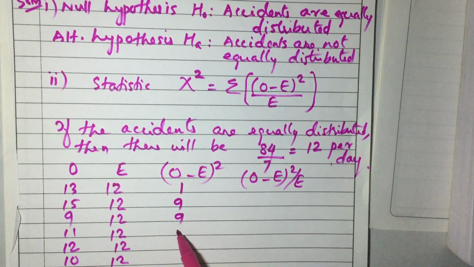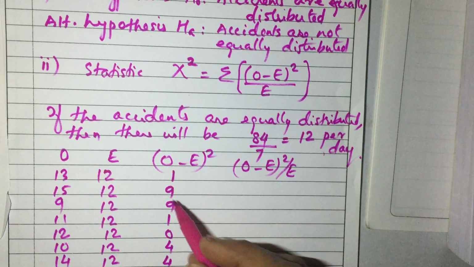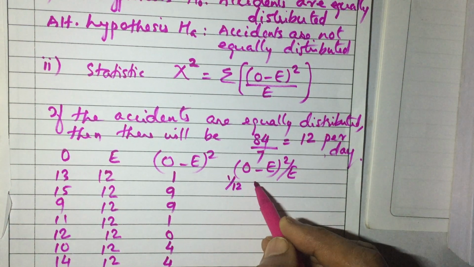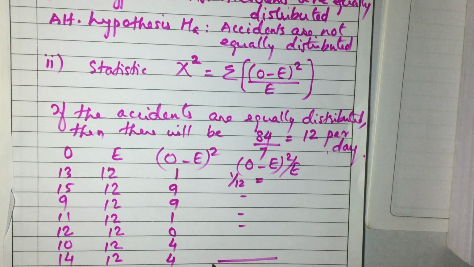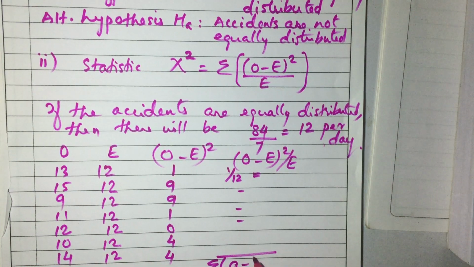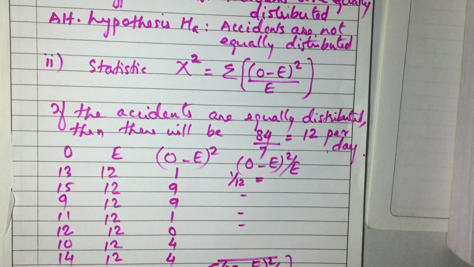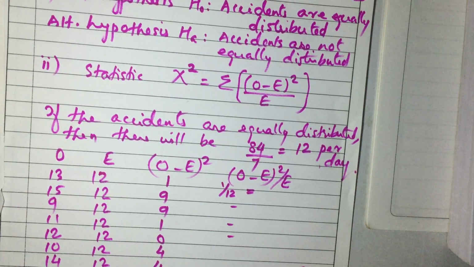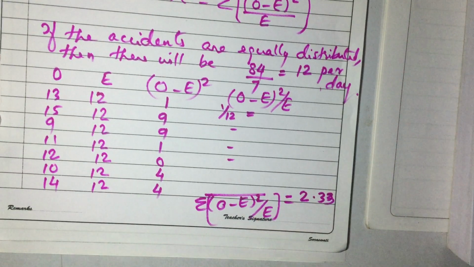So here also 9, 1, 0, 4, 4. Then O minus E the whole square divided by E: 1 divided by 12, and so on, you will find all that. Then you get the summation of O minus E the whole square divided by E. When you find the sum, you will get 2.33. So you got the chi-square.